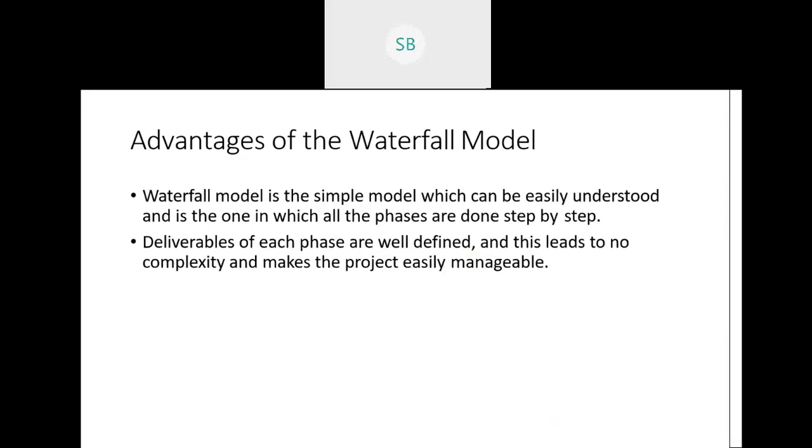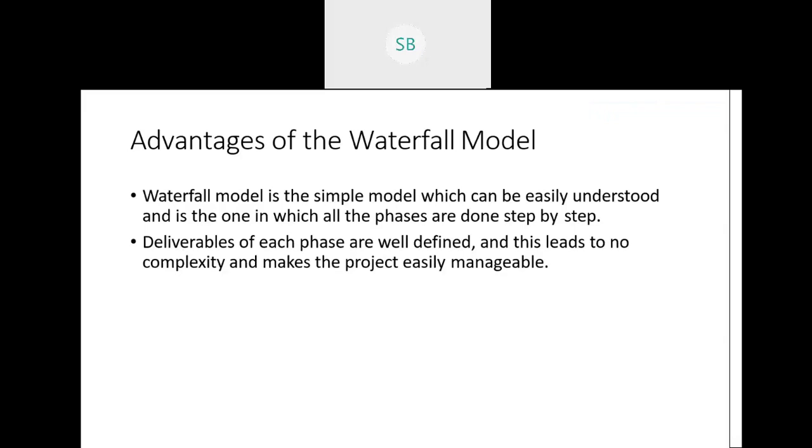And here it's written that it's a very simple model, so it's very easy to understand. Next, deliverables of each phase are well defined. Now what do you mean by deliverables? A deliverable is something which can be delivered to the customers.